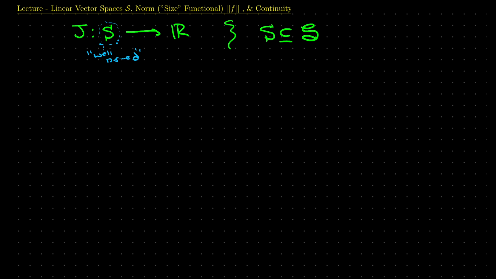Capital S is in general a subset of cursive S, which means that all of the vectors in capital S have to be in cursive S, but capital S does not have to be a closed set. This is going to be very important to us because sometimes we want to consider scenarios where the domain of our functional is not closed.